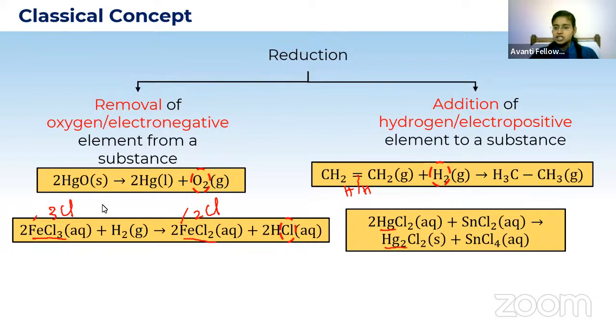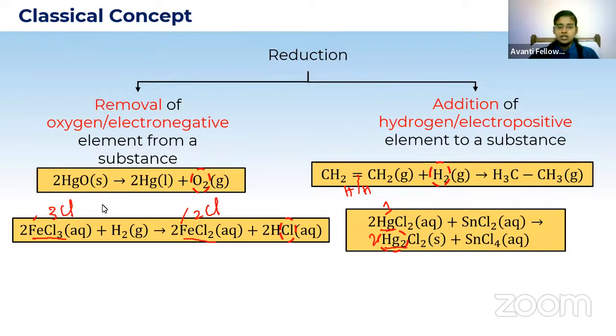Mercury is an electropositive element. So initially we have 1 and finally we have 2. So one electropositive element has been added. So addition of electropositive element to the substance leads to the reduction of the substance. Okay. All right. Do you have any doubt?